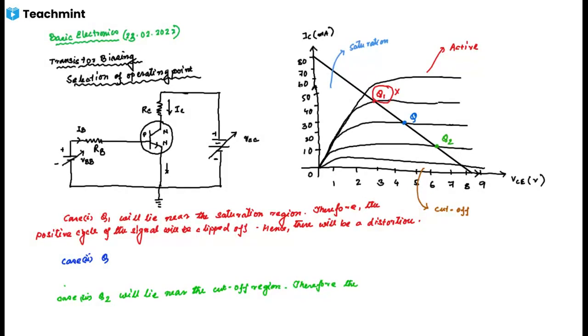The negative cycle of the signal will be clipped off. Hence, there will be distortion.